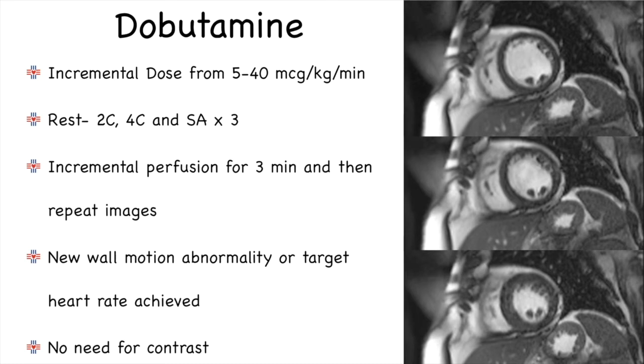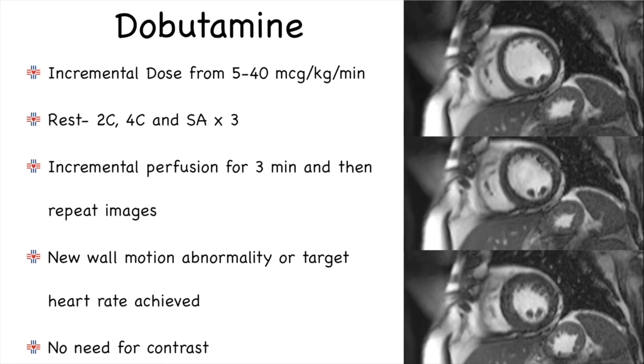We do 2-chamber, 4-chamber, and short axis 3-level images at rest. We start dobutamine perfusion, we continue it for 3 minutes, and then we repeat the 2-chamber, 4-chamber, and 3 short axis images while dobutamine perfusion is continuing.